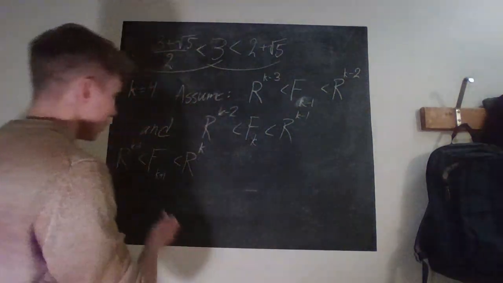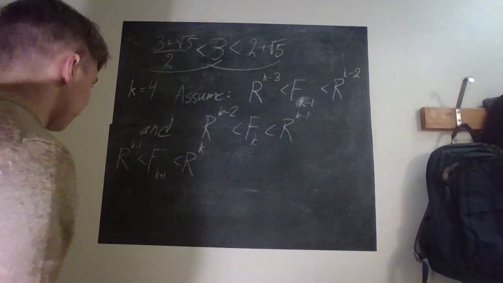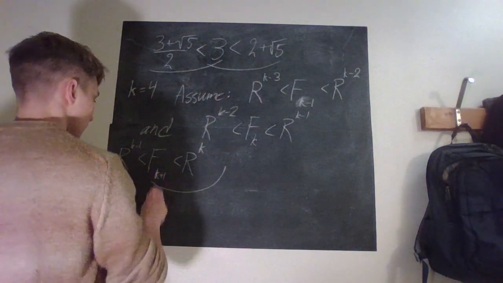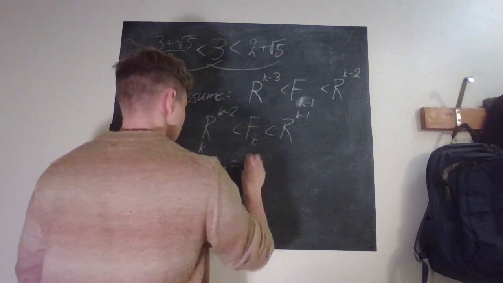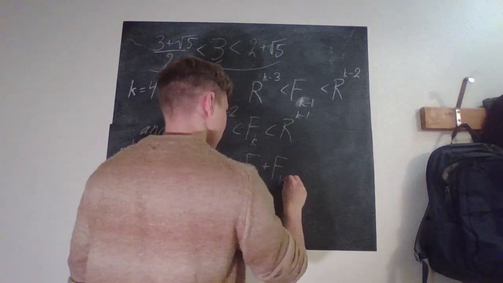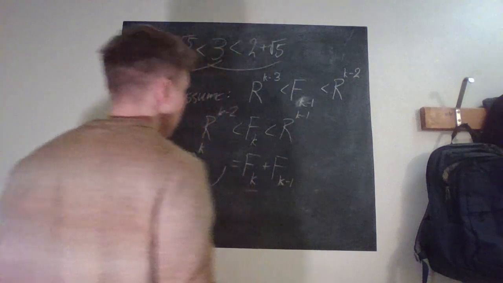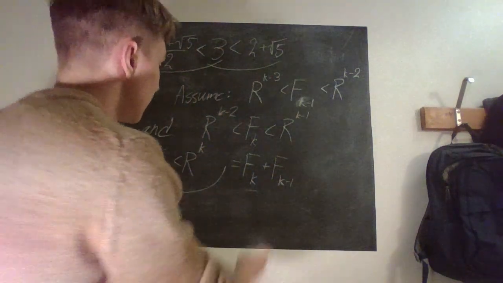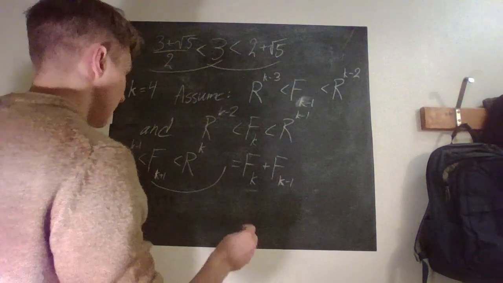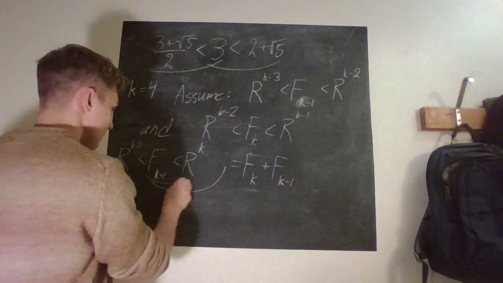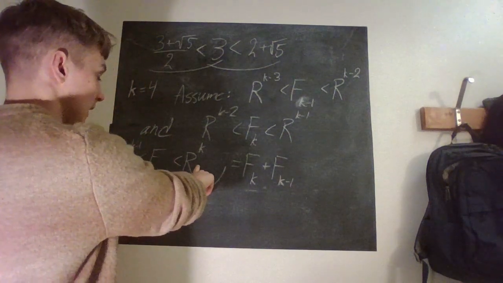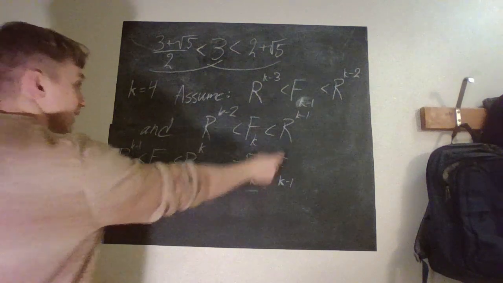We use the property of the Fibonacci numbers. So we know that Fibonacci of k plus 1 is equal to Fibonacci of k plus Fibonacci of k minus 1, right? That's the definition of the Fibonacci sequence. And now we can use our induction assumptions. Firstly we look at this inequality, then we have that is less than that. And then we can start from this side and use these inequalities.